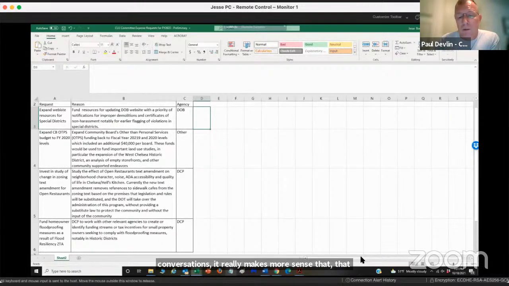And so what we're asking for is an increase of the community board's other than personal services funding to go back to 2020 levels. That would bring in an additional 40,000. And from that 40,000, we would be able to study the expansion of the West Chelsea Historic District and do an analysis of empty storefronts. It's the way that we thought we could get some money in to address those 2 needs that have come up here a couple of times.